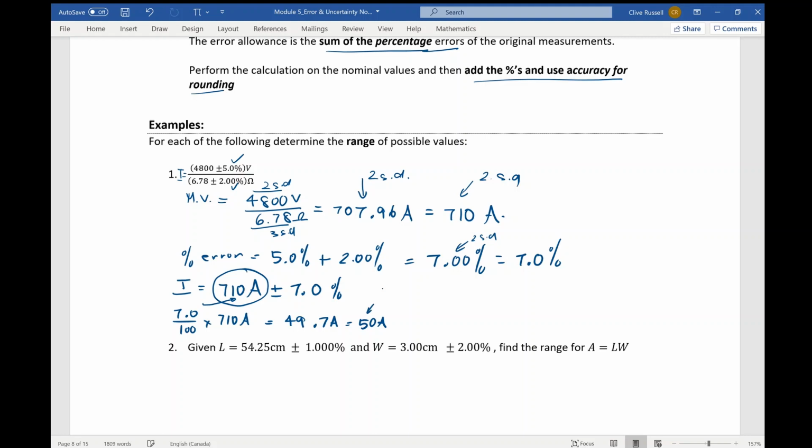So it's going to be 50. From this we could say that our range, which is going to be our I value, is going to be 710 minus 50 and 710 plus 50. So therefore our I is going to be between 660 amps and 760 amps.